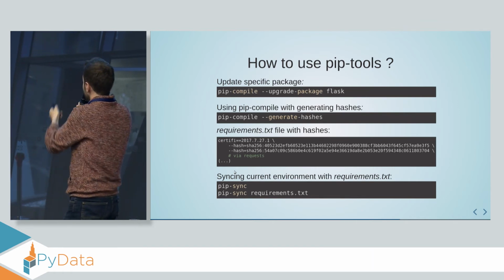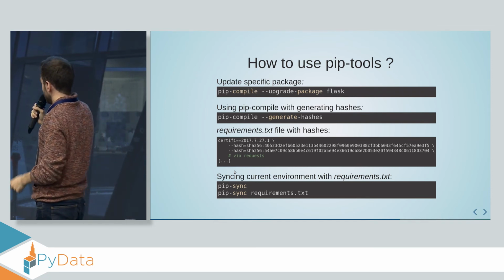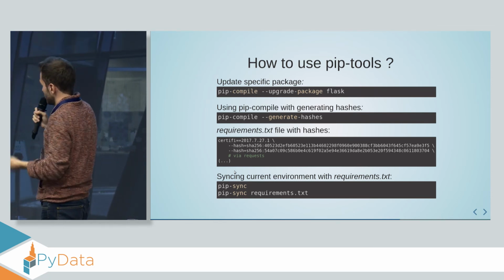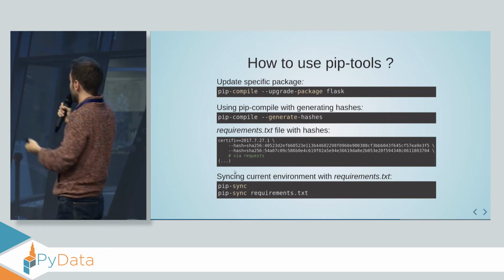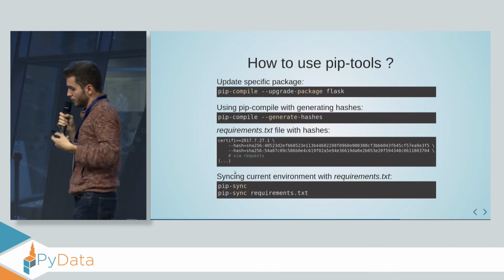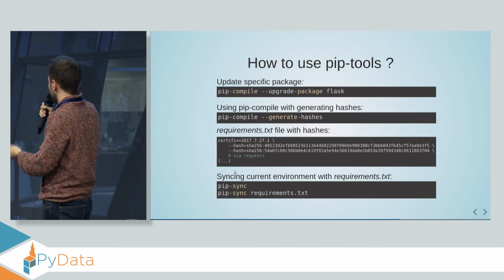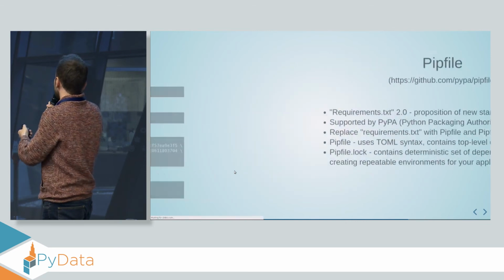And to sync a current environment with requirements.txt file, you can use the command called pip-sync. It will uninstall all packages that are not specified in the requirements.txt and install all needed. So you have a clean environment with only packages that actually your application needs.